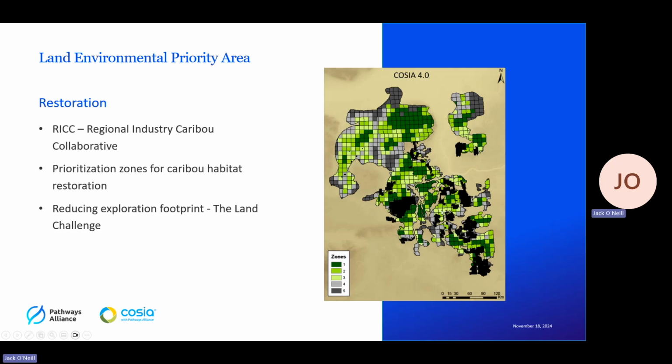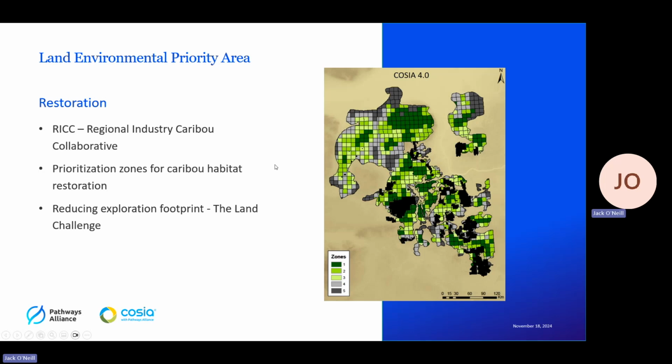But we can't restore everything at the same time. It needs to be sequenced, and did a number of studies. This is version 4 to prioritize where the best places were to go and conduct a restoration project or program.